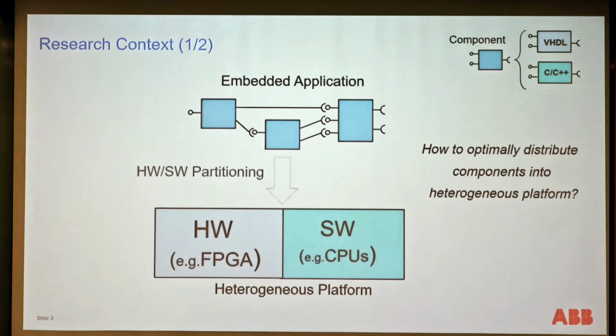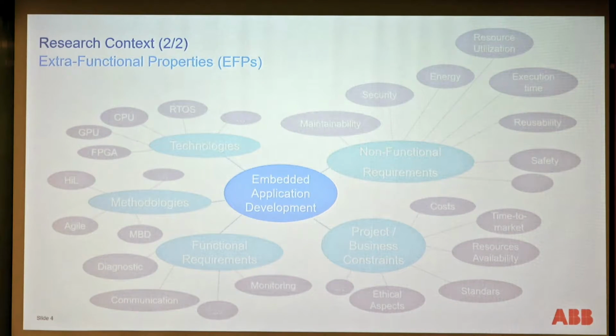This is well known as hardware software partitioning in the co-design community, and it has been a research topic for over 20 years. When we develop embedded systems, we need to take into account many aspects: the functional requirements, the methodology available, the technology available, the non-functional requirements, and also the project business constraints.